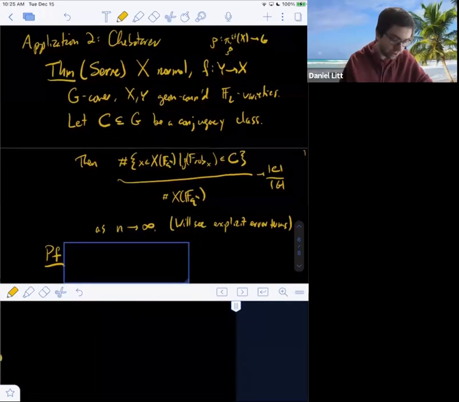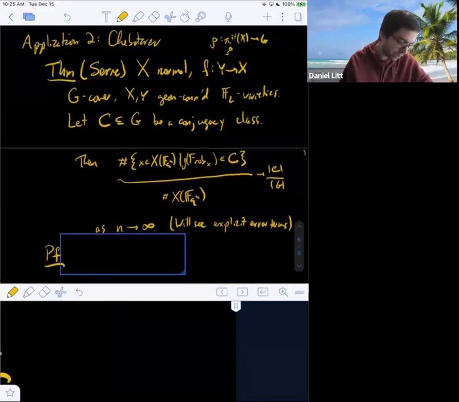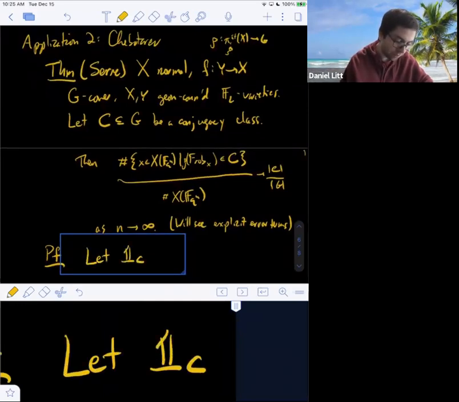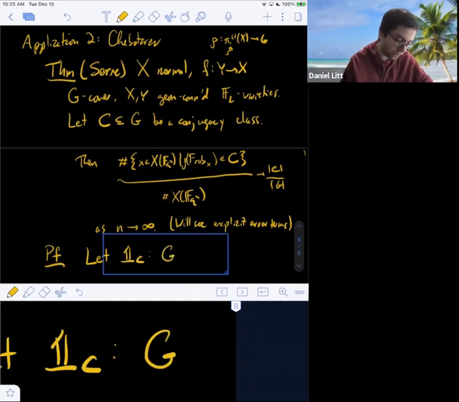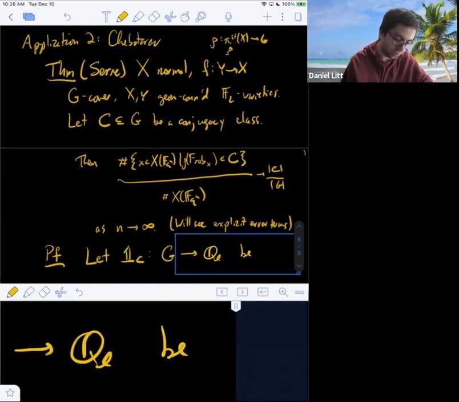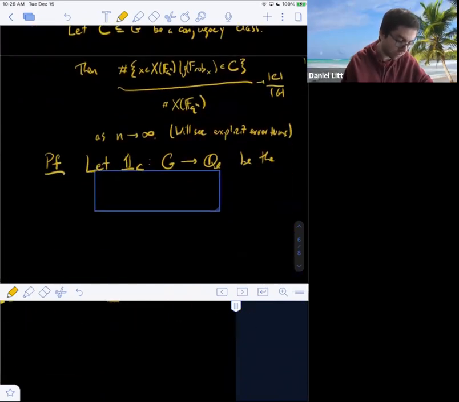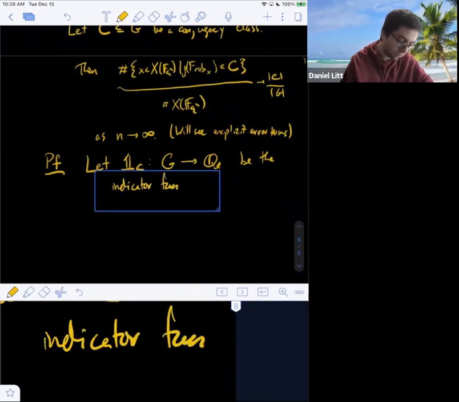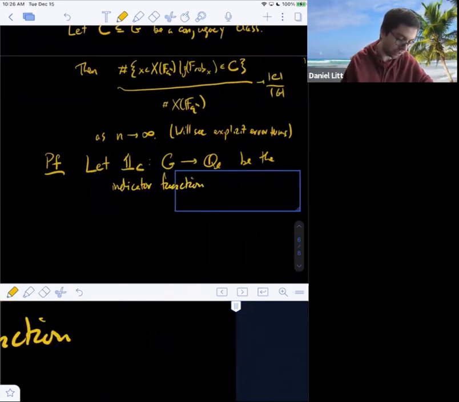All right, so let's look at what we're trying to count. Let 1 sub C from G to QL be the indicator function of the conjugacy class C. And what do we want to do?